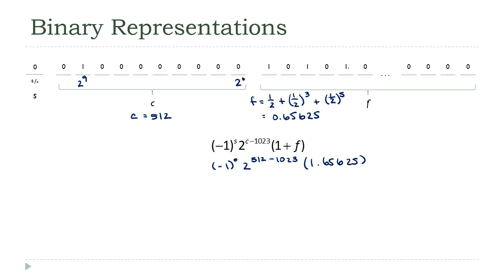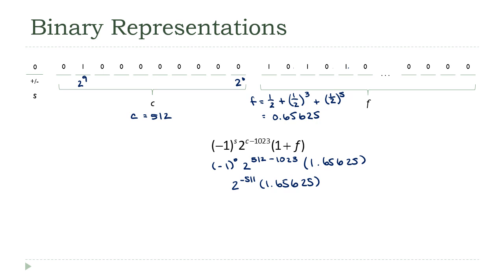This ends up negative 511. So -1 to the 0, that's 1. So this is 2 to the negative 511th power times 1.65625. Okay, 2 to the negative 511. That is a really, really small number.